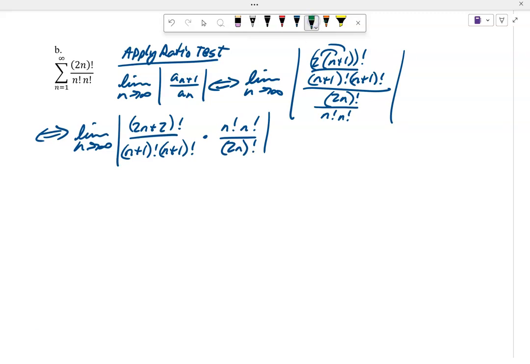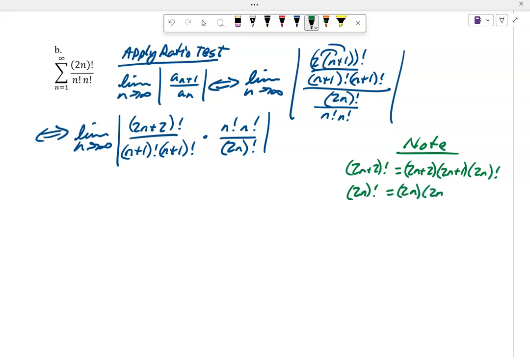And I might note for a minute, let me go aside here. (2n+2) factorial would be 2n plus 2, and then that's just reduced by 1, so 2n plus 1, and then 2n factorial keeps going down, 2n minus 1, and so on. Because 2n factorial would be 2n, and then it keeps going down by 1 each time.